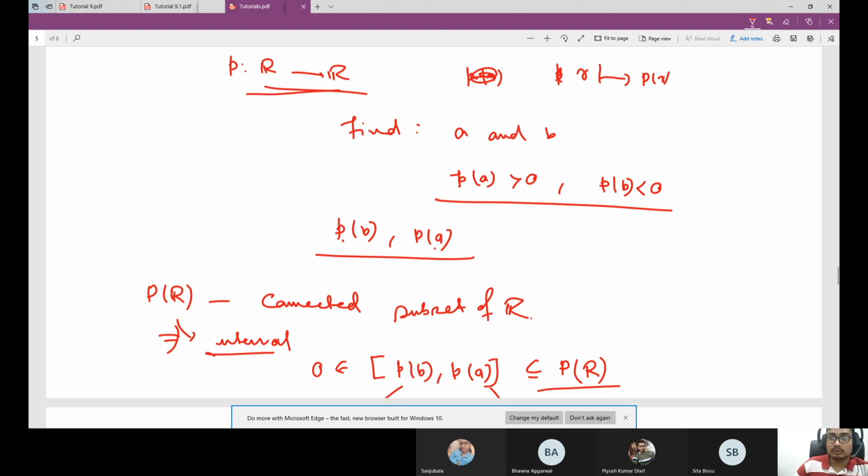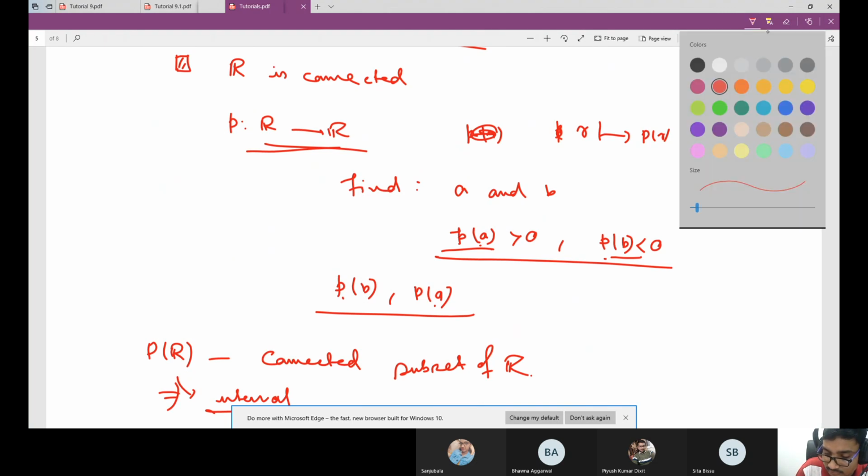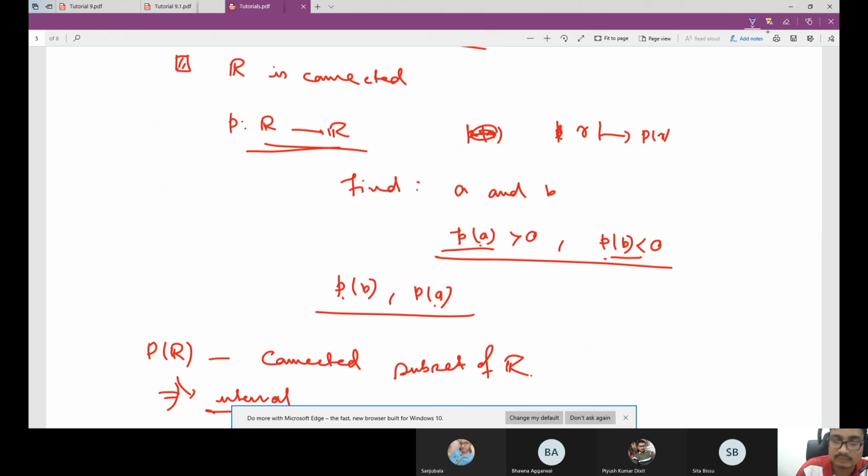So all you need is to find A and B where P(A) is positive and P(B) is negative. Can you do that? Okay. I am giving you a hint for greater than 0.